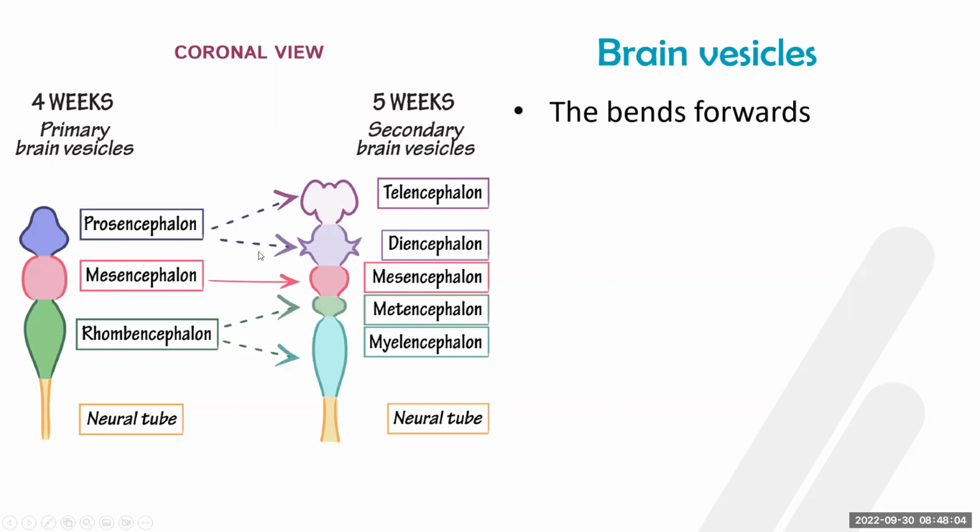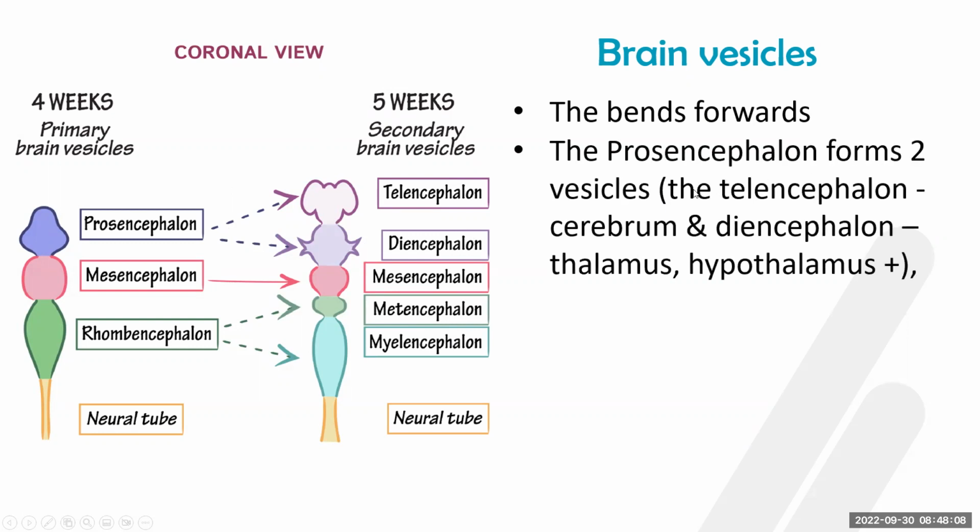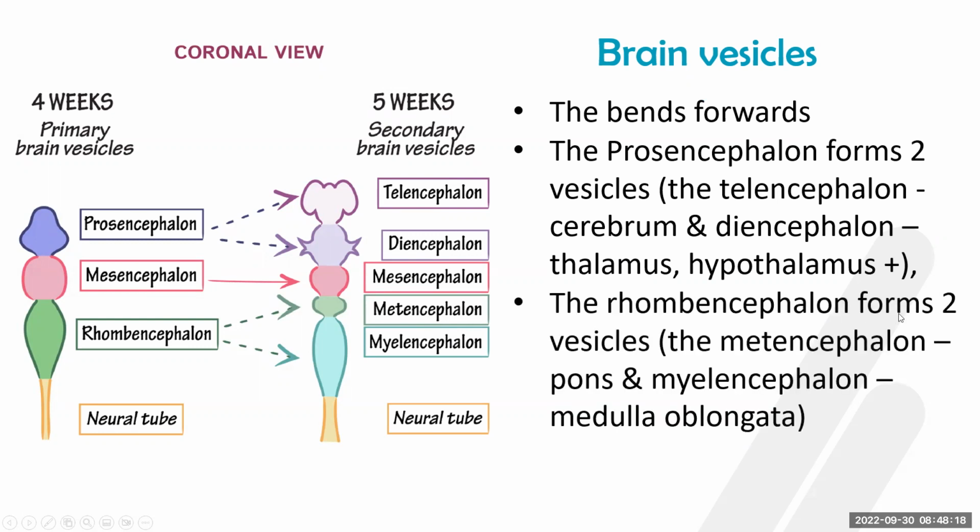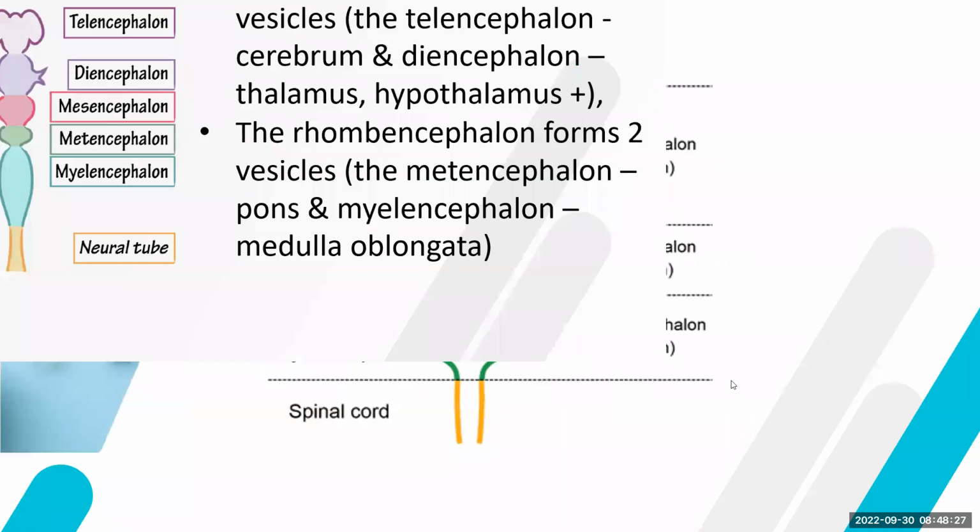So after it bends forward more, the prosencephalon forms 2 vesicles, the telencephalon, which gives rise to the cerebrum, and the diencephalon, giving us the thalamus, hypothalamus, etc. Then the rhombencephalon forms 2 vesicles, the metencephalon giving the pons, and the myelencephalon giving us the medulla oblongata.